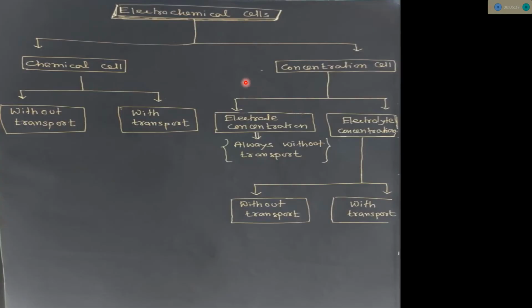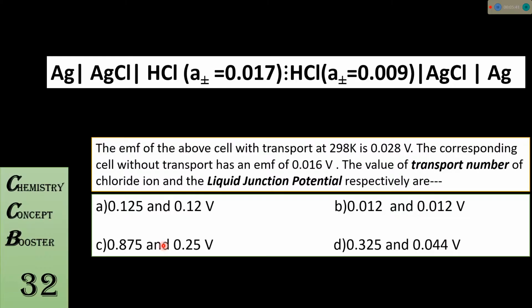And if the electrolytes of the two half cells are different, either HCl and KCl, or they are the same but at different concentration, as in this case, where the electrolyte is the same but the mean ionic activity is different, then on bringing these two half cells into close contact, there is migration of ions from one half cell to another via the liquid junction.